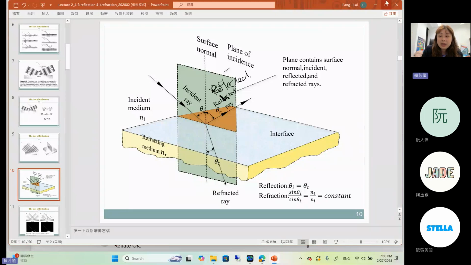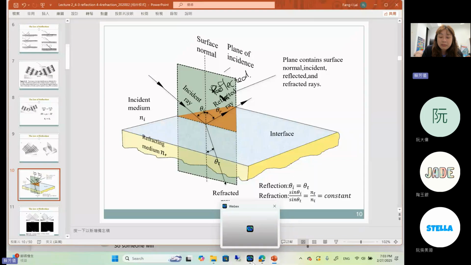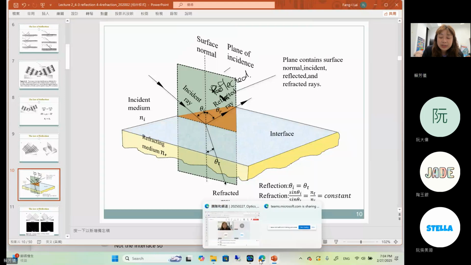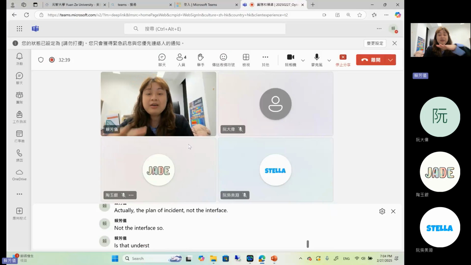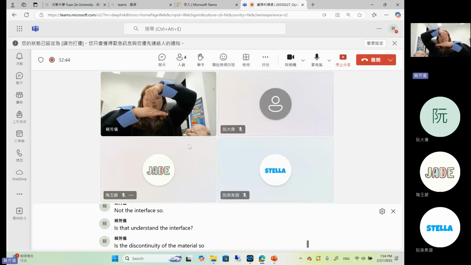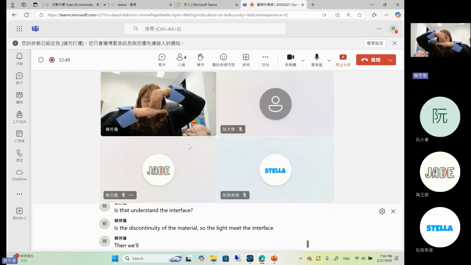Okay. So someone may misunderstand the plane of incidence. Actually, the plane of incidence is not the interface. The interface is the discontinuity of the material. So when the light meets the interface, reflection and refraction will happen.